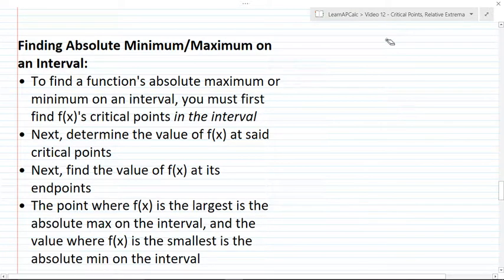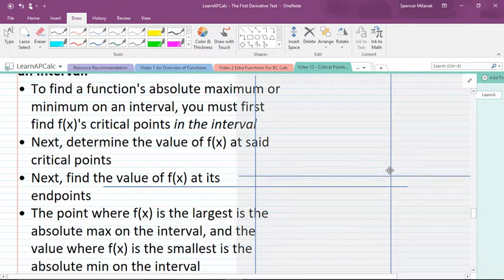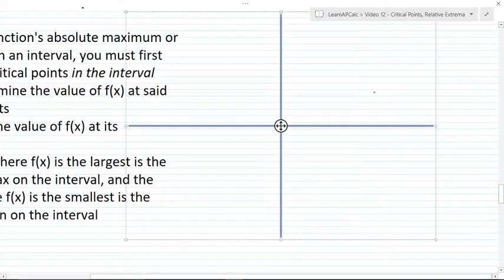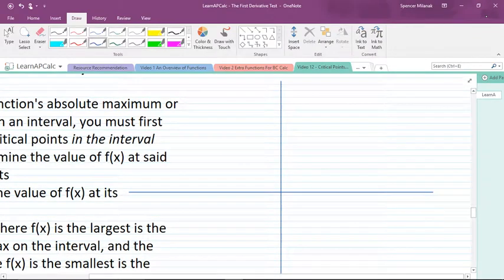Actually, hold on. Let me get my coordinate axes, make this a little more clear. Okay. So for this function, and I will change color as well.